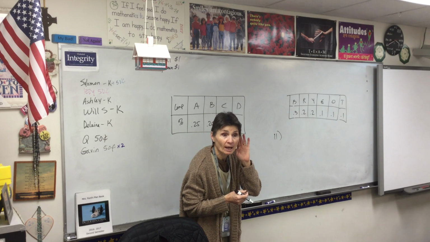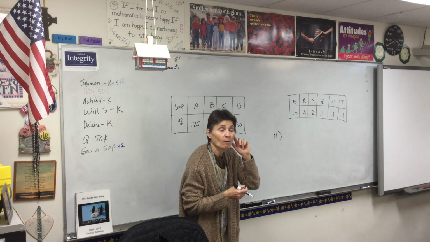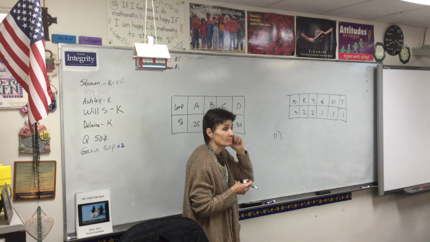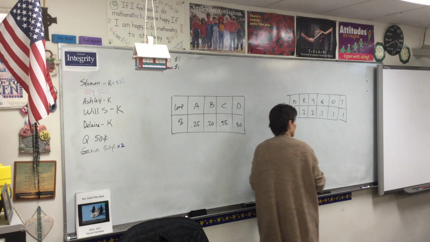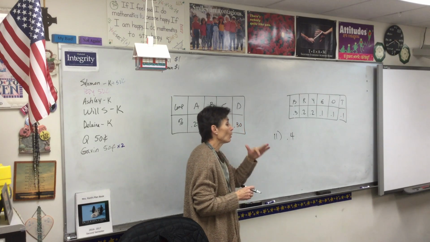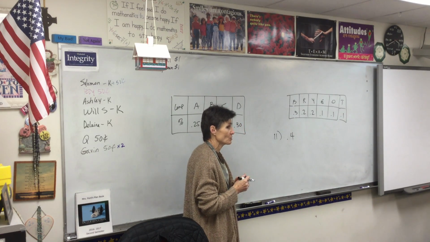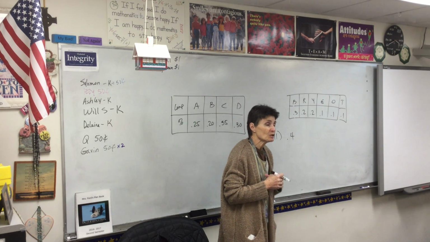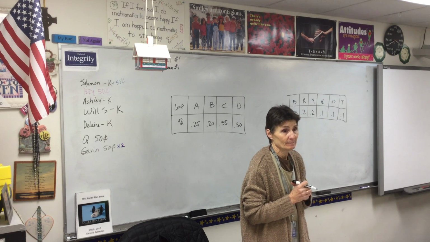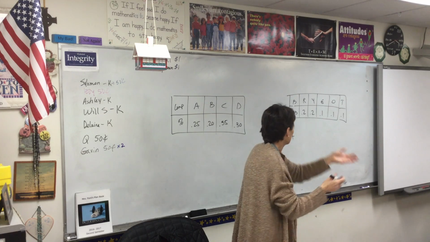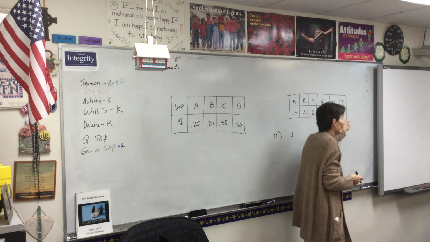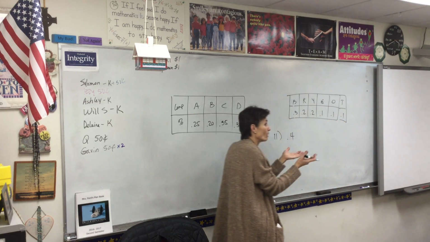Point what? Oh, Anna, say it. 0.4. That's exactly right, Marcella. Brown or tan. We talked about this yesterday. When a mathematician uses the word or, we add. It's this or this. So it's 0.3 or 0.1. So we add those. 0.4.